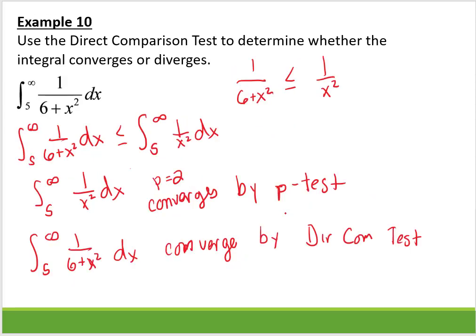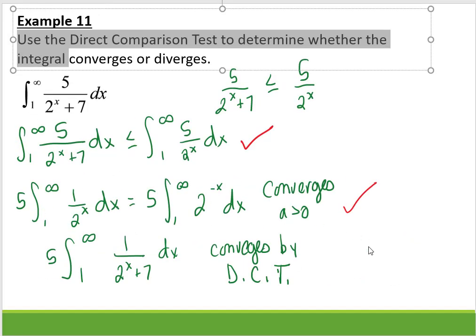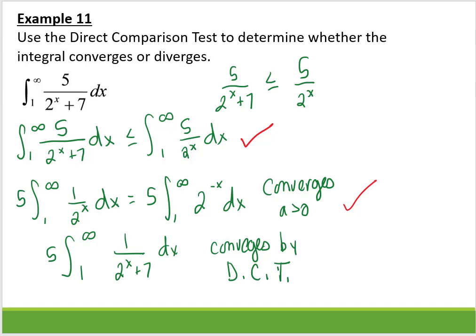Notice how a lot of my reasons centered around the p-test. Then you have to state your conclusion that the final one converges by the direct comparison test, stating that. I'll let you use DCT.